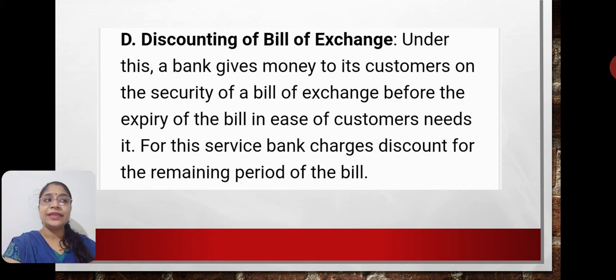A has taken money from B. Now they have signed an agreement on the bill of exchange that on the next month 15th September person A will give money to B, but B is in need of money before 15th September. So what he is going to do is go to his bank and submit this bill of exchange and get the money from the bank against the security of the bill of exchange. So the bank will give him money. Later the bank will submit this bill of exchange and get money from person A on the specific date. So this is called discounting of bill of exchange.